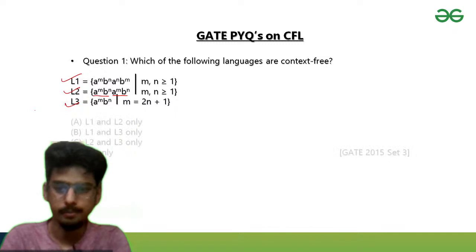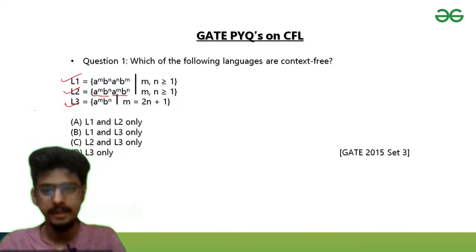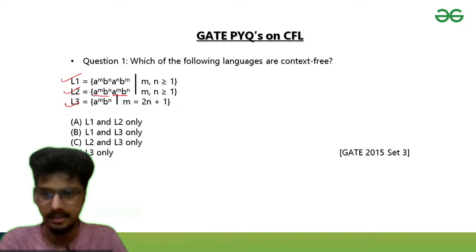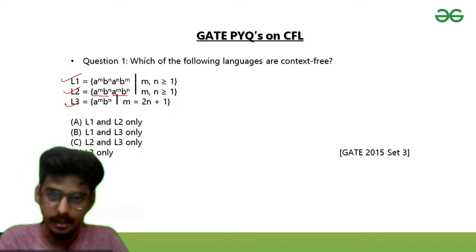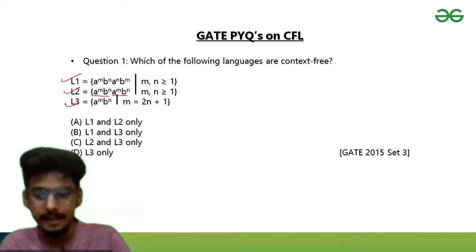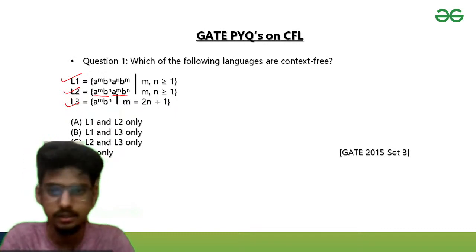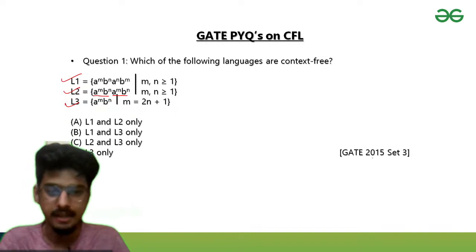Now what are the options which are provided? First option says that only L1 and L2 are context free. Second option says that L1 and L3 are context free, the third option says that L2 and L3 are context free, and the fourth option says that only L3 is context free. This question was asked in 2015.